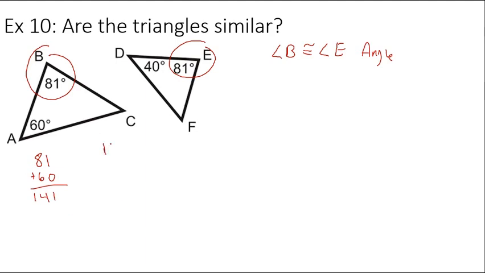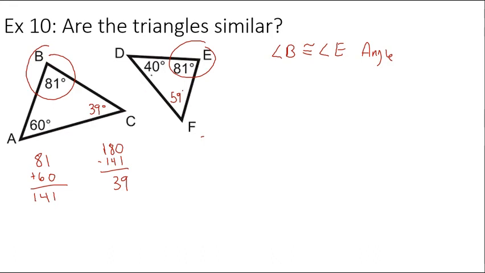And then 180 minus 141, that gives us 39. So that means that this angle here is 39 degrees. Which means that this angle over here is 59 degrees.